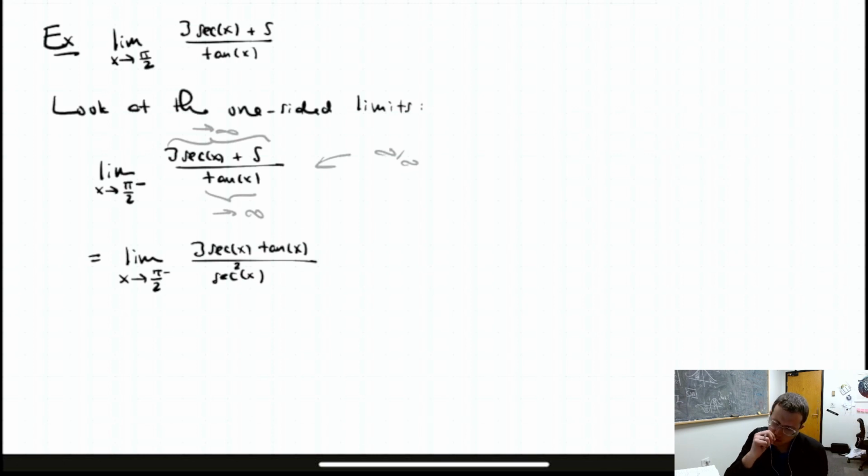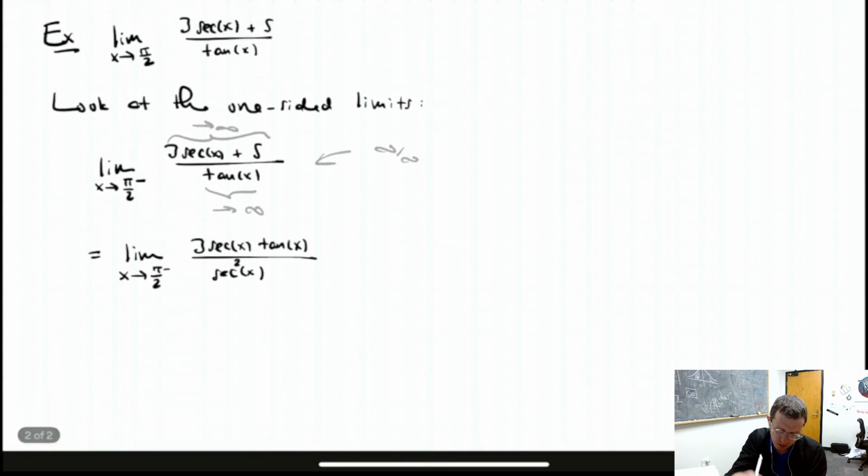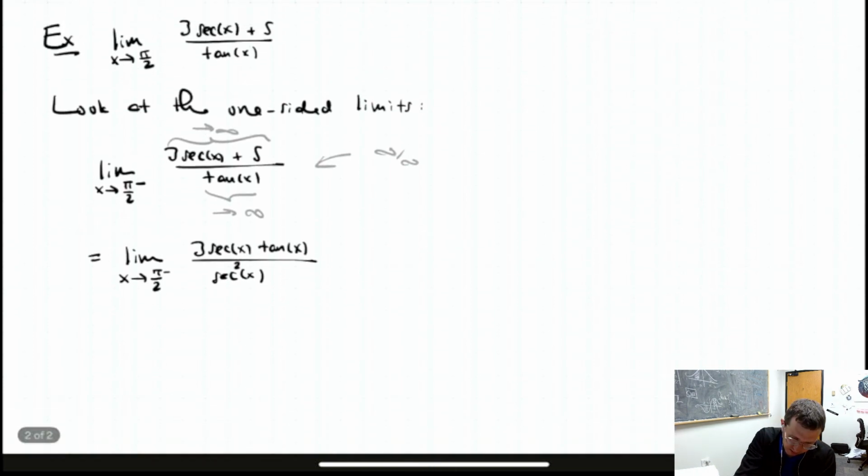That makes me happy because the secant was causing problems. Right, the secant, that was going to infinity. So I'm glad to see one of these secants cancel.